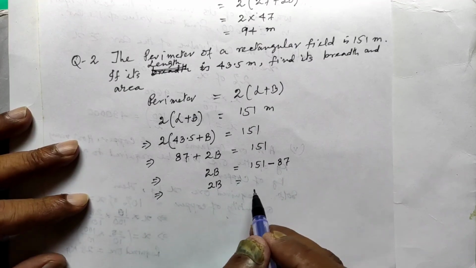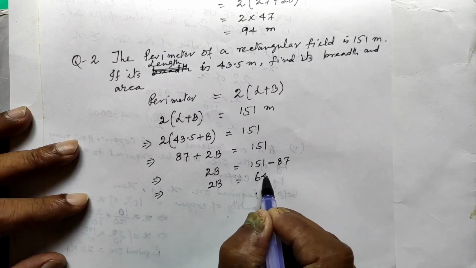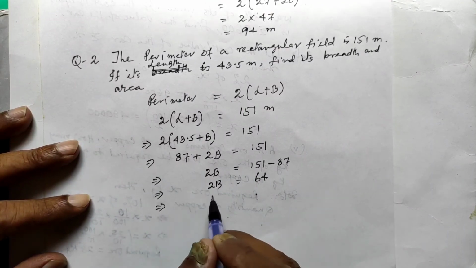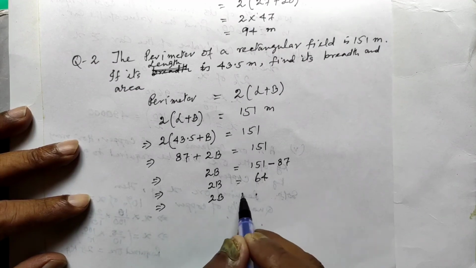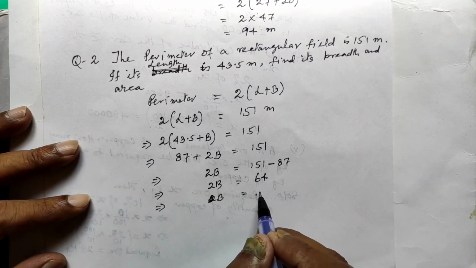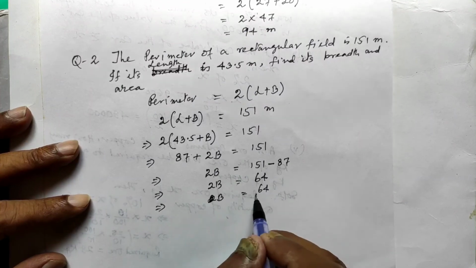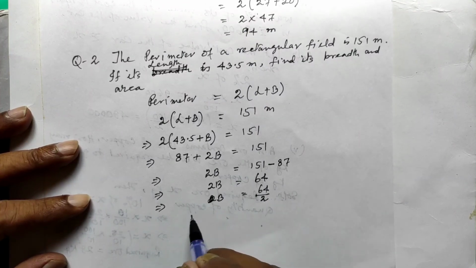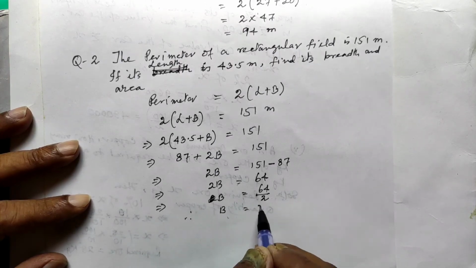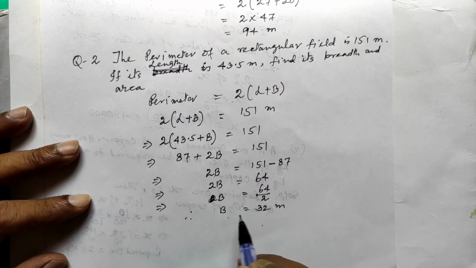How much will you get? Here you will get 64, and then B equals 64 divided by 2. Therefore, B equals 32 meter is your breadth.